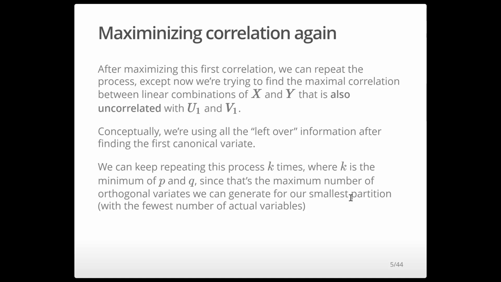And we can keep repeating this process k times, where k is the minimum of p and q, since that's the most number of orthogonal variates we can generate from the smallest partition of our data. So whichever is the smallest between p and q, that's the most number of times we can generate an orthogonal linear combination for that partition of the data, and so that's the most number of canonical variates we can generate.